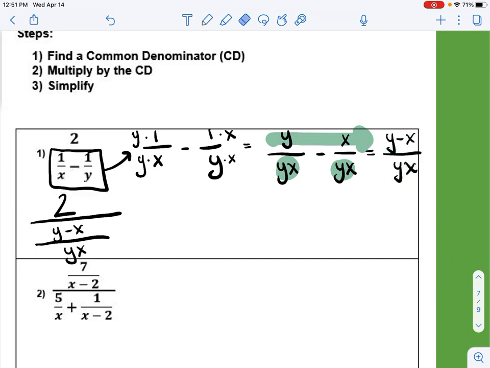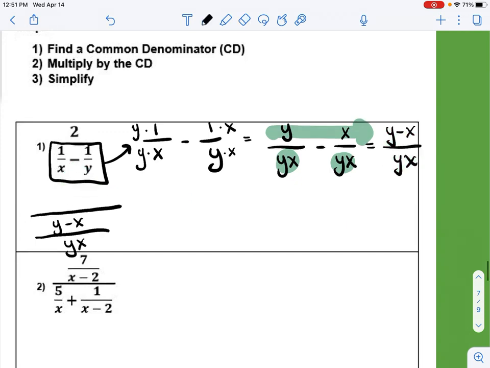So now I can think of this actually as 2 over 1. So really, any whole number can be written as a fraction just by putting it over 1. So now I have a fraction within a fraction twice.